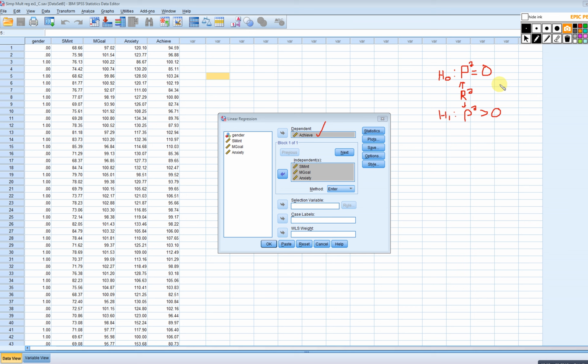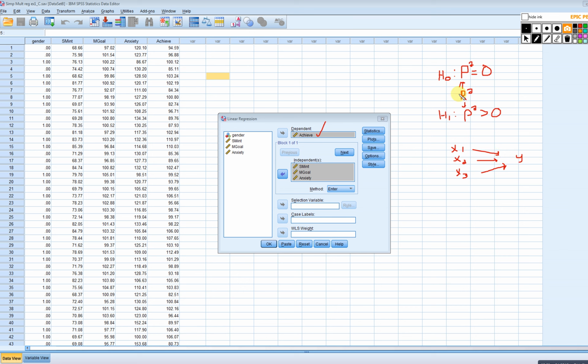So the idea with the test of rho squared is essentially that we have a set of predictor variables. We have x1, x2, and x3, and we're looking at their combined effects on y, our criterion variable.